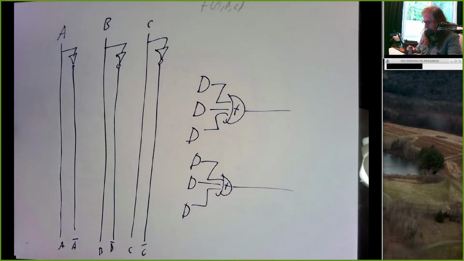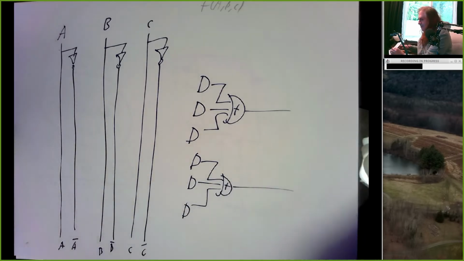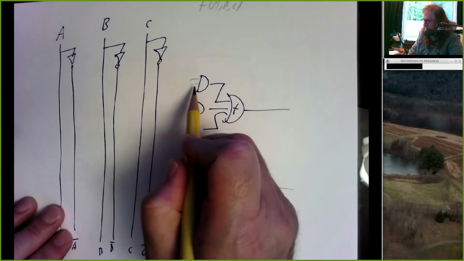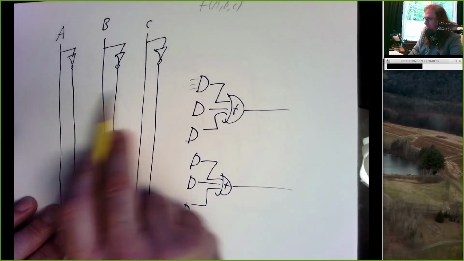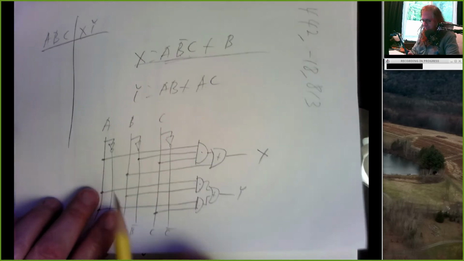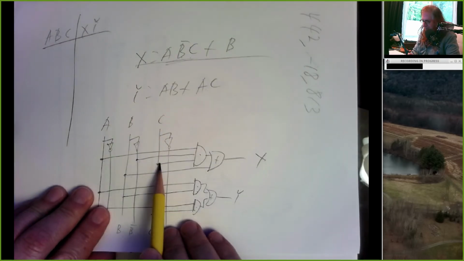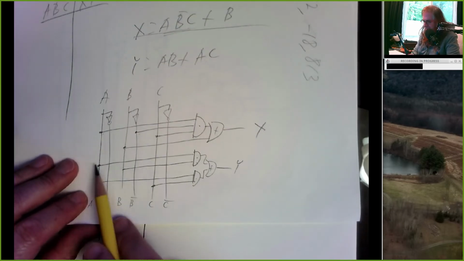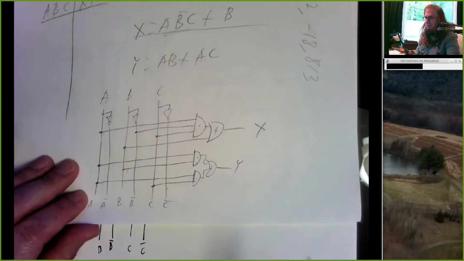The particular circuit we want to build is determined by where we connect the inputs to the AND gates over here. If I connect them right here and here and here, and I connect this over here, I've got one particular function. If I connect them here and here and then here and here, I've got some other function.